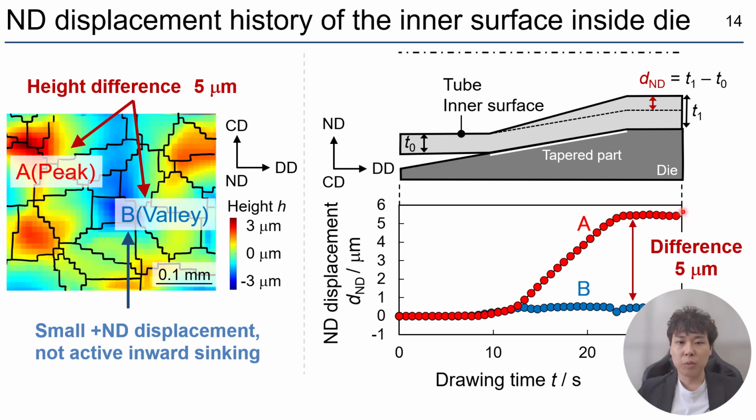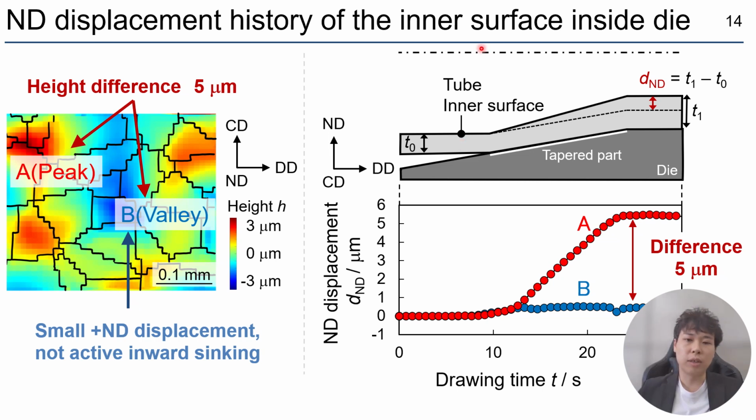The difference between A and B was 5 micrometers, which agreed with the height difference of 5 micrometers observed in the surface height map. This means that the inner surface roughness is formed by differences in positive ND displacement from the outer surface toward the inner surface.